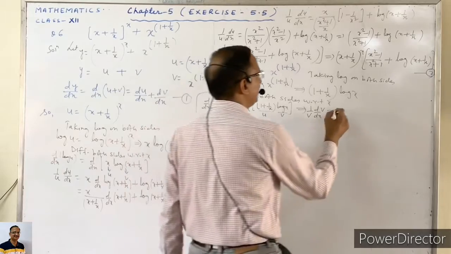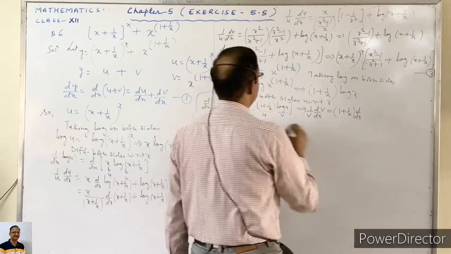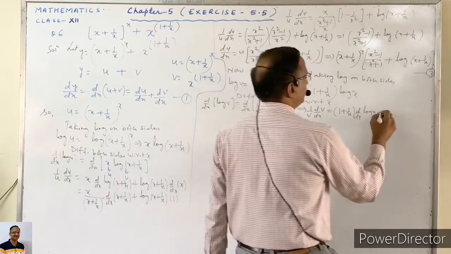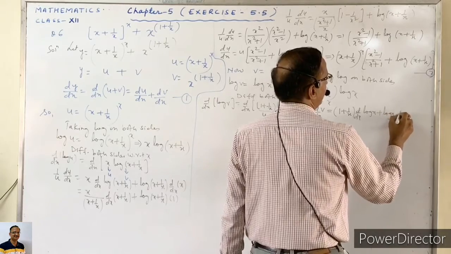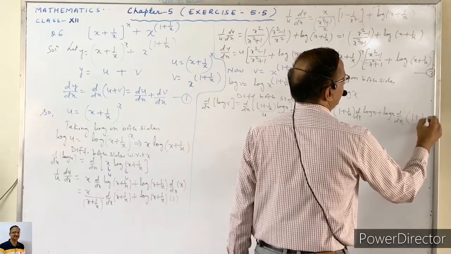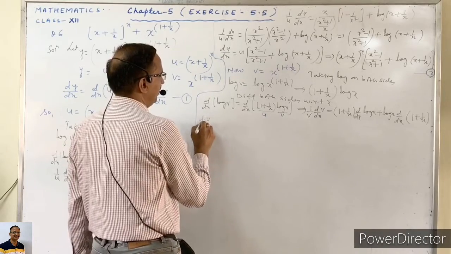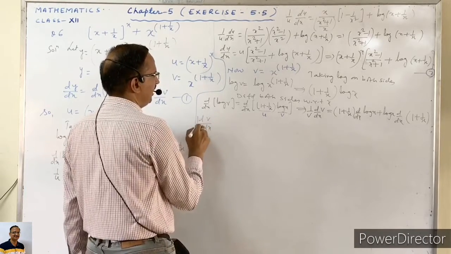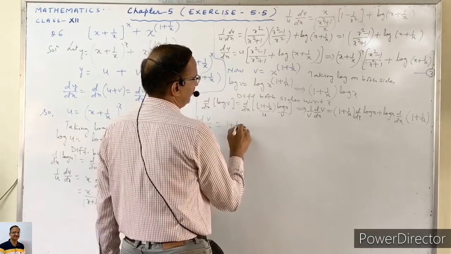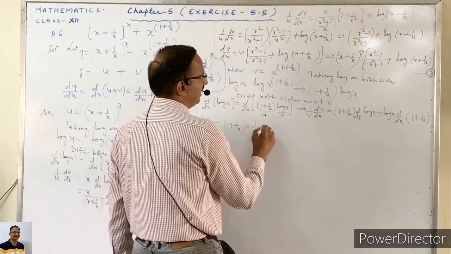So first function as it is, then derivative of second function, that is log x, plus second function as it is, and derivative of (1 + 1/x). Now this is 1 by v dv by dx equals this (1 + 1/x) as it is, and derivative of log x is 1 by x.